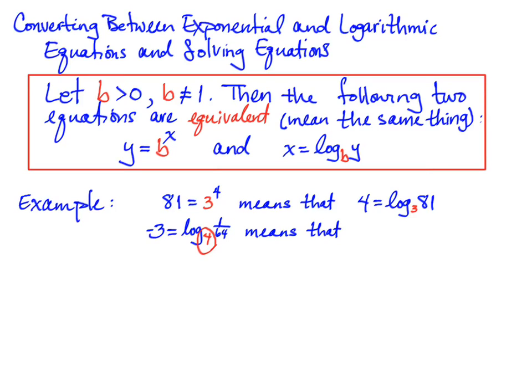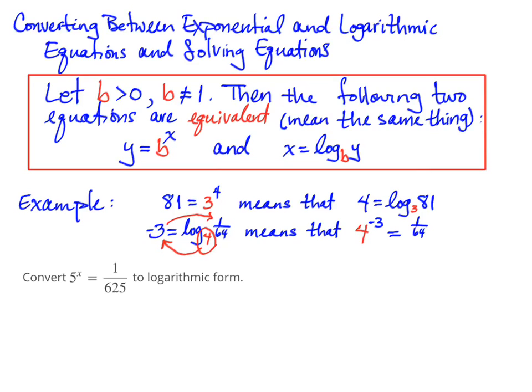And then we're going to raise that base to the exponent, negative 3. So 4 raised to the negative 3 has to be equal to whatever is left, which is 1 over 64. And we can verify that. 4 to the third is 64, so 4 to the negative third is 1 over 64.